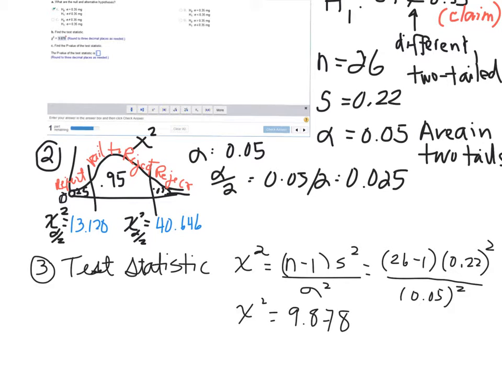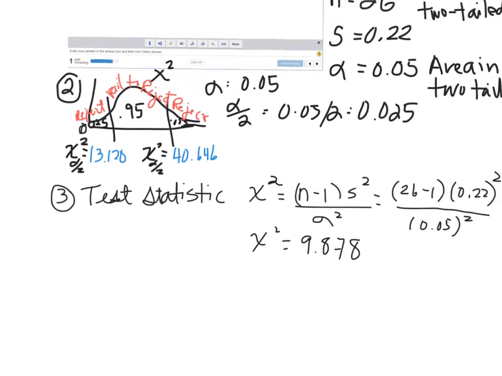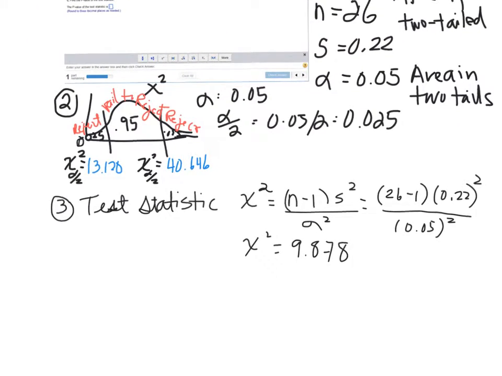Now we have two ways to make our decision. We can use what's called the critical value method, or we can use the p-value method. Now for the test or quiz, I always recommend to use the critical value method to make the decision.